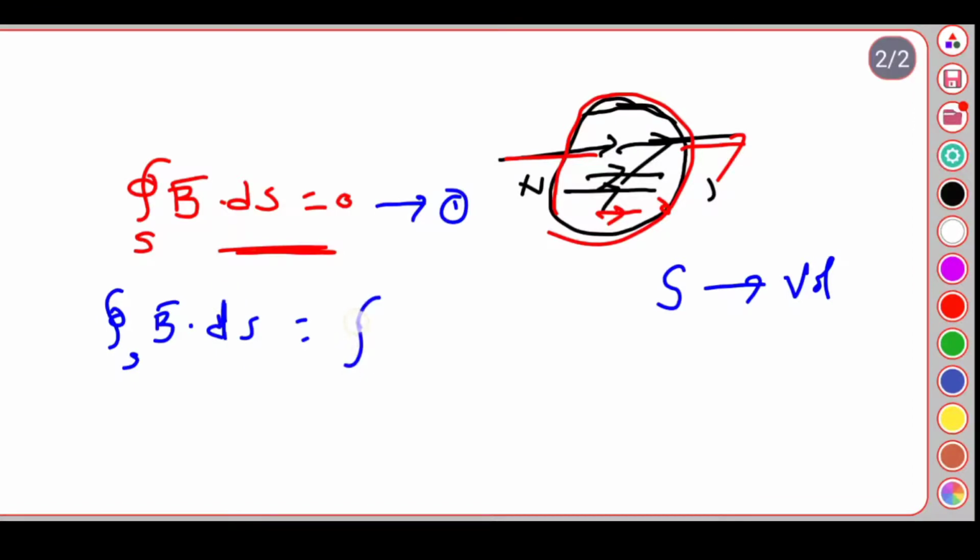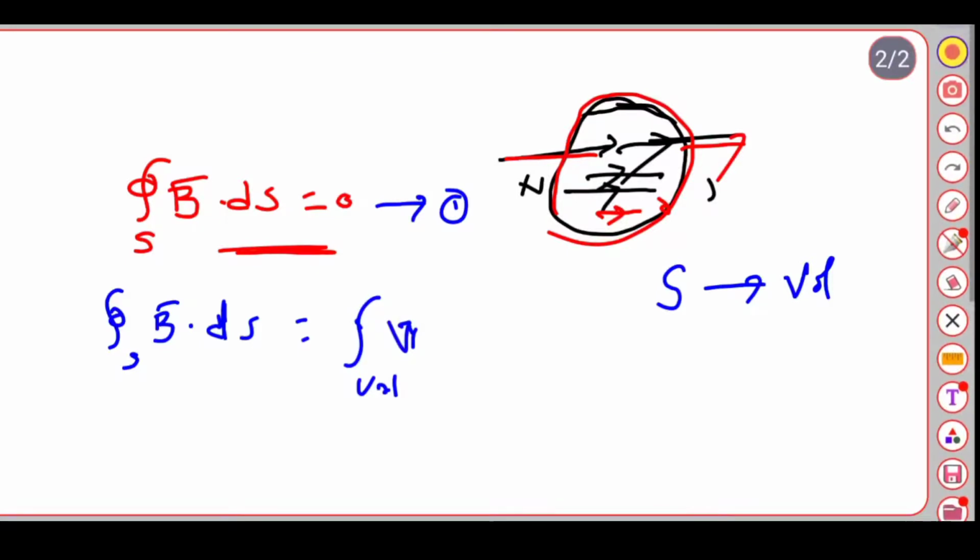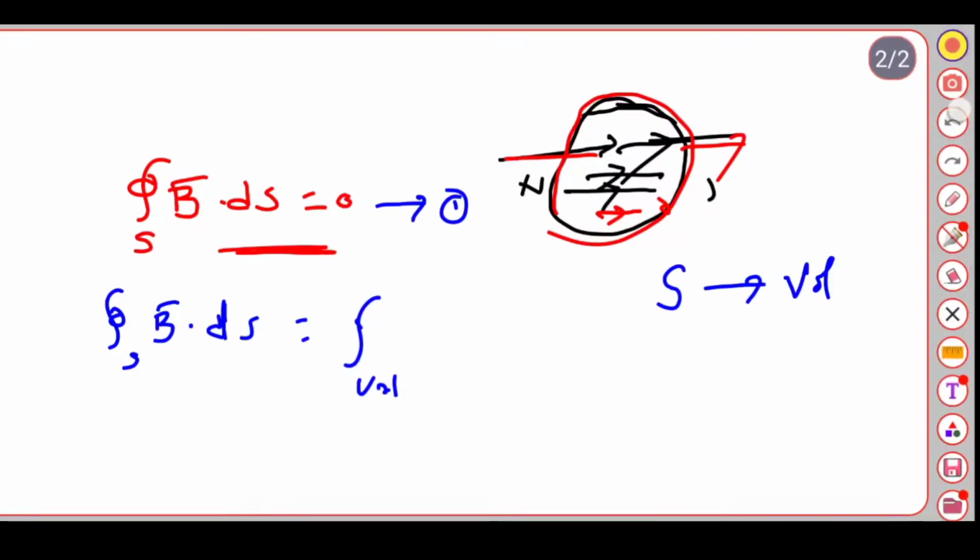Volume integral of del dot B dv, it is also equal to 0, where dv is the differential volume enclosed by the closed surface.